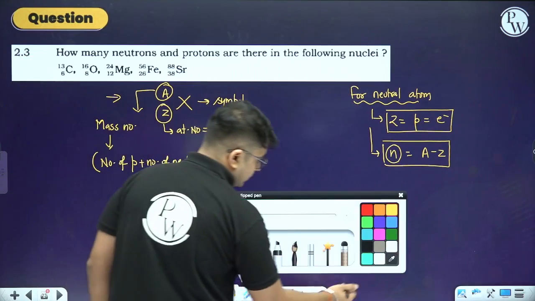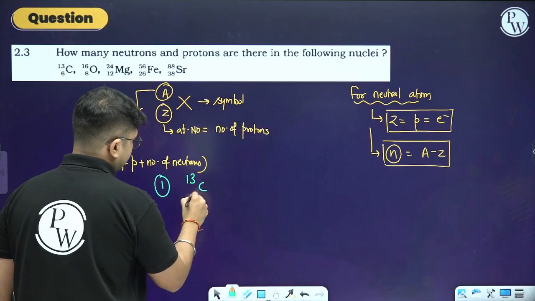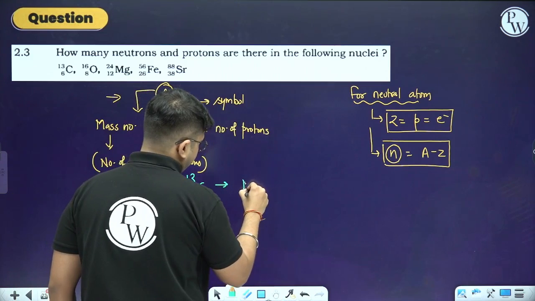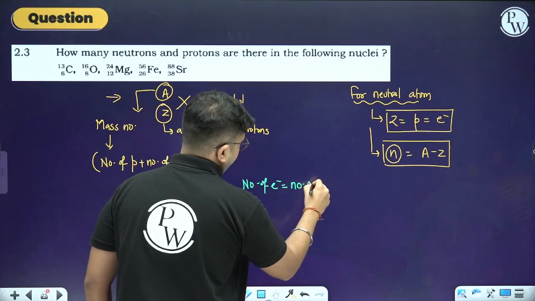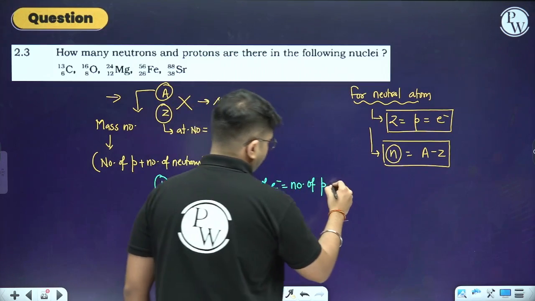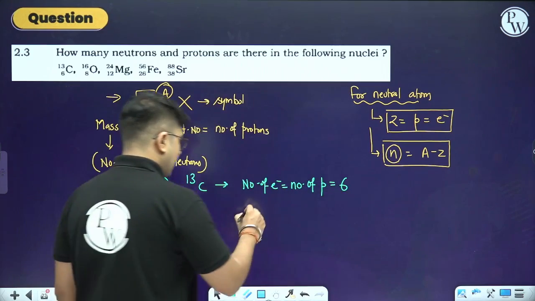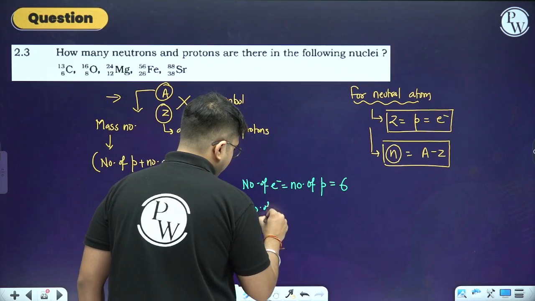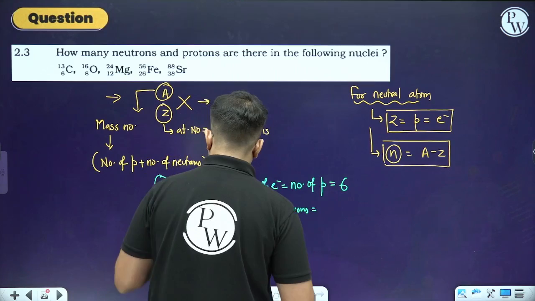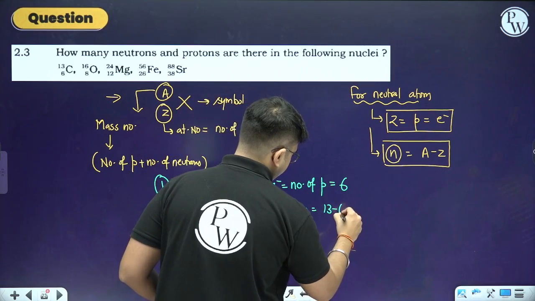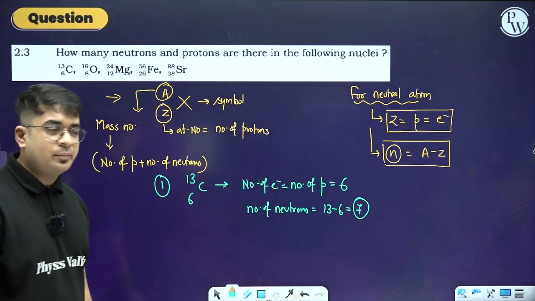If I am taking the first part, which is 13C6, the number of electrons as well as protons are equal to 6, which is the Z value, because it's a neutral species, and the number of neutrons in that case is 13 minus 6, which is 7.